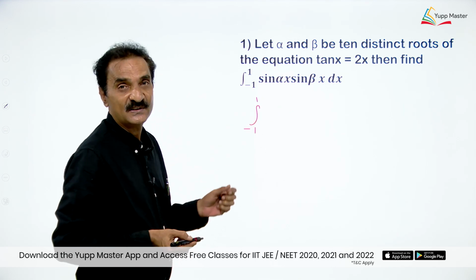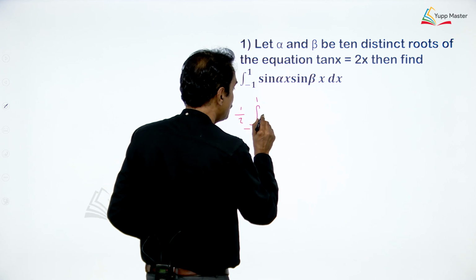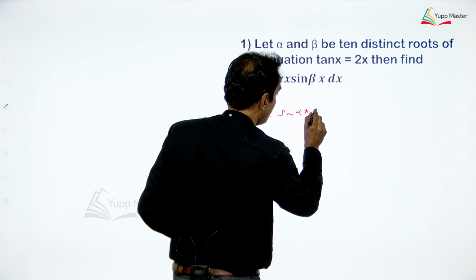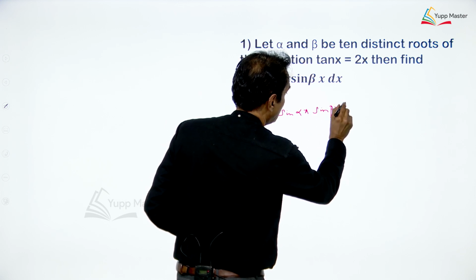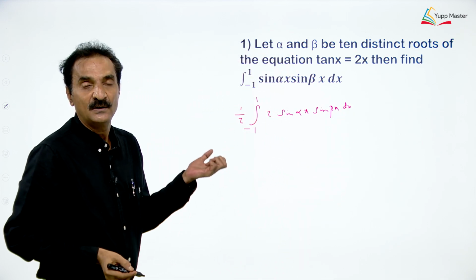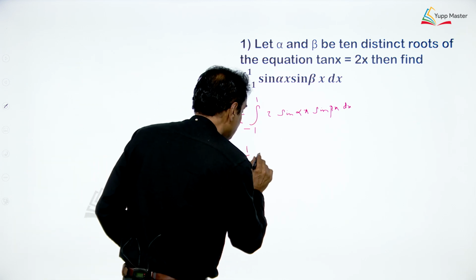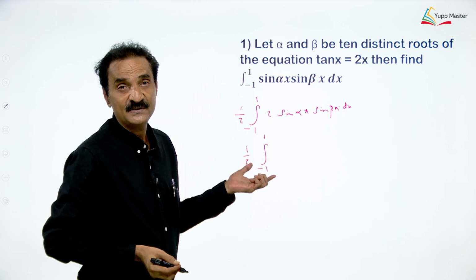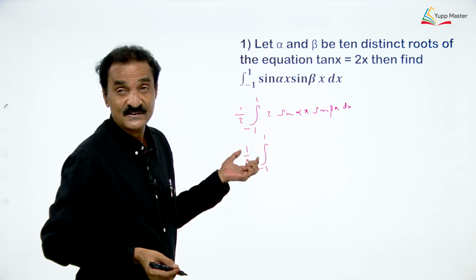First we have to express this product as a sum. For that you need to multiply by 2 and divide by 2. Then by applying transformations, 2 sin alpha x sin beta x: 2 sin a sin b is cos(a minus b) minus cos(a plus b).